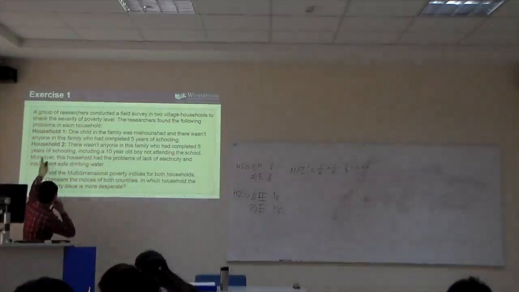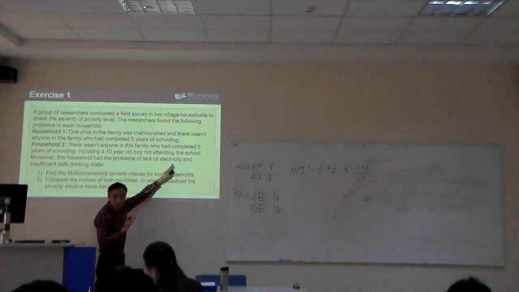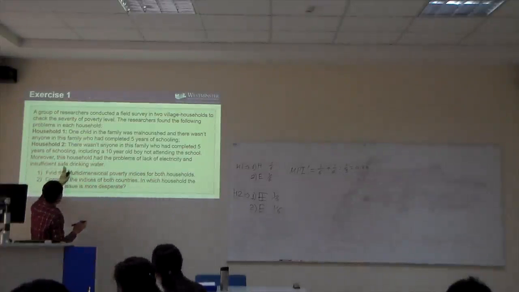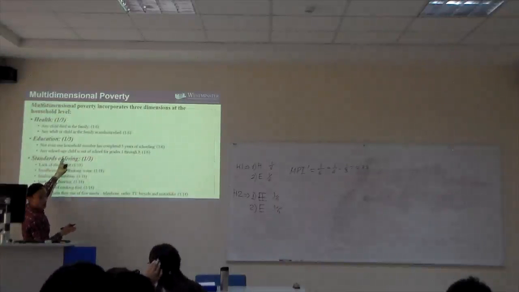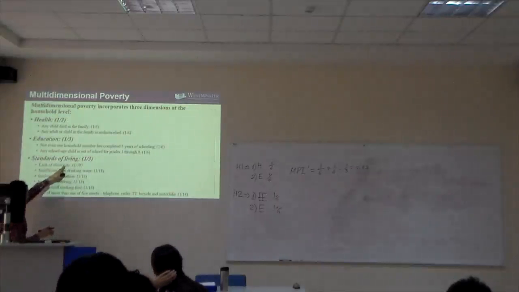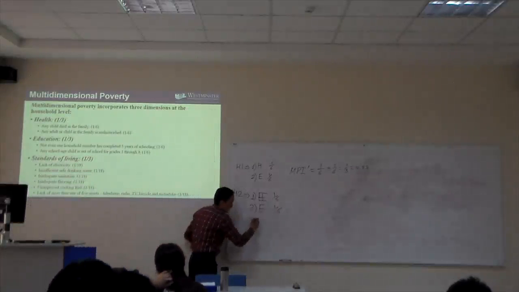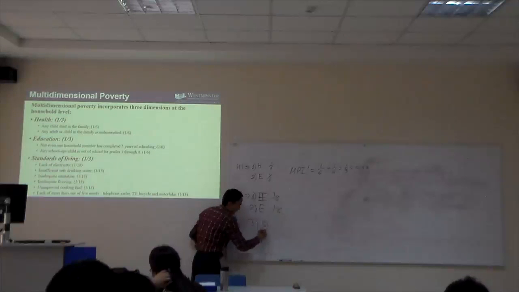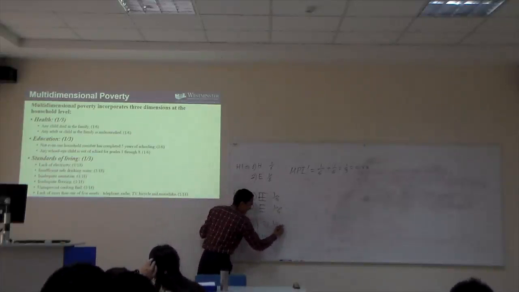And what more? Moreover, this household had the problem of lack of electricity and insufficient safe drinking water, which belongs to which category? Standards of living. So 3, it is standards of living. 4 also, standards of living. The weight given is 1 over 18.